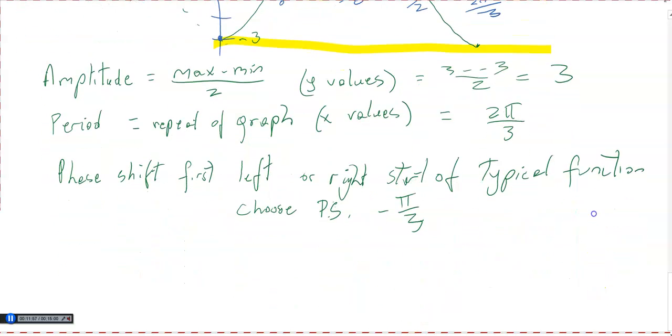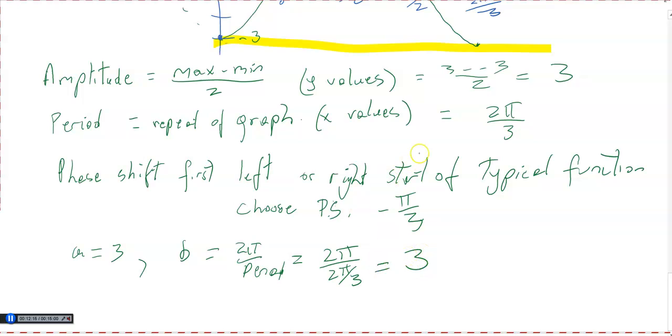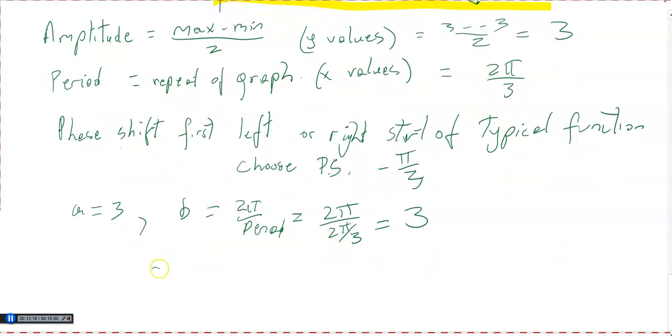And then from these, we need to find A, which is 3. B: we know the period is 2 pi over B, so B will be 2 pi over the period. So it's 2 pi over 2 pi over 3, which just gives 3. C is going to be -B times the phase shift.